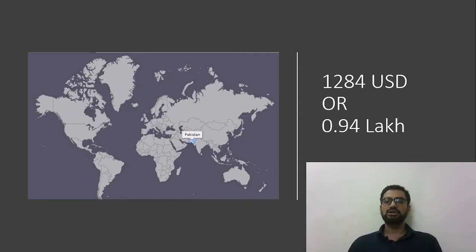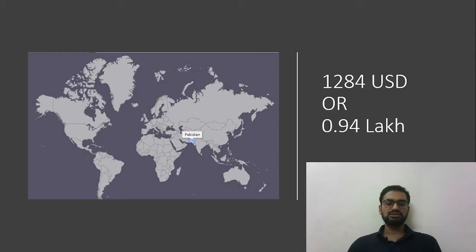1284 US dollars or 0.94 lakhs. So that is less than a lakh per individual per year. Based on that, we can imagine the standard of living that the country will be maintaining, or the lifestyle individuals will be living there.